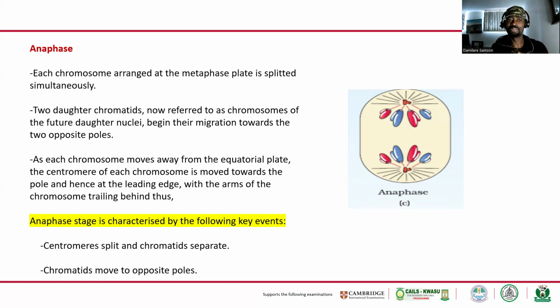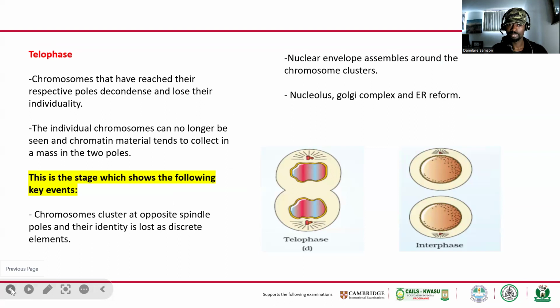So now, the key events here: the centromere splits and chromatids separate, the main events.